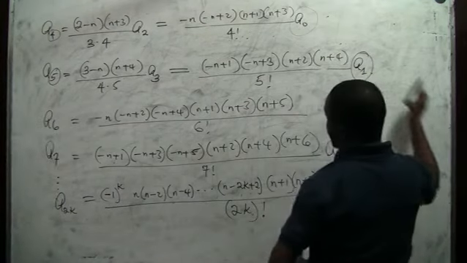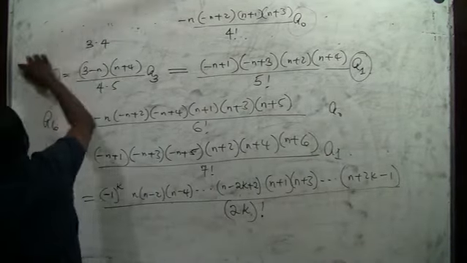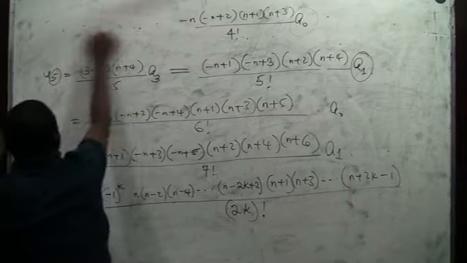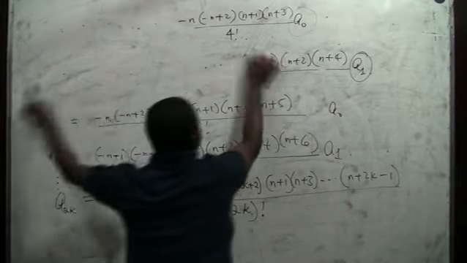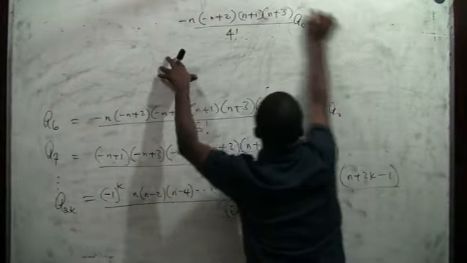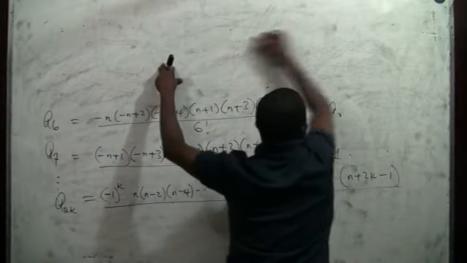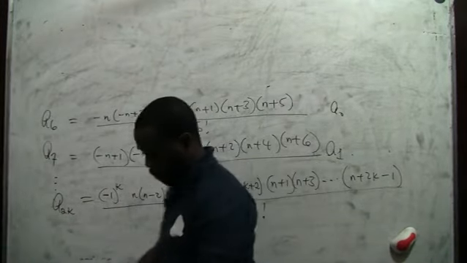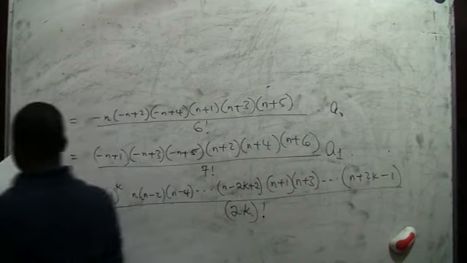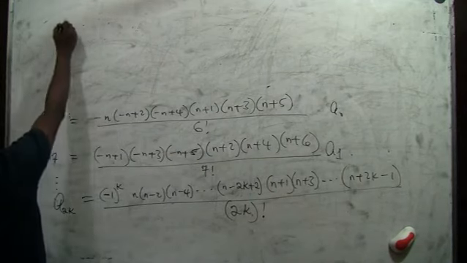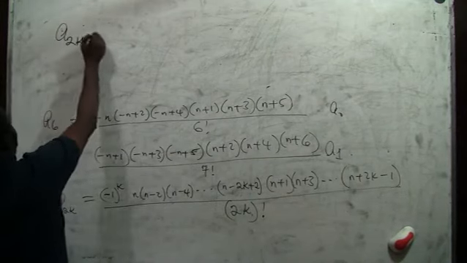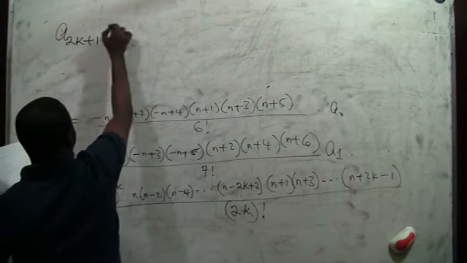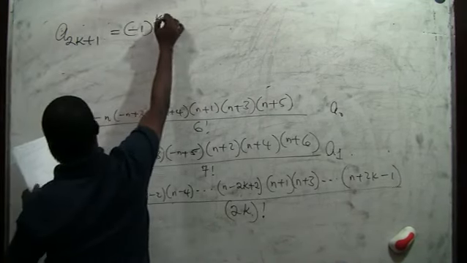In a similar form, the odd coefficient can be generated. And that gives a subscript 2k plus 1 equals minus 1 raised to the power k.